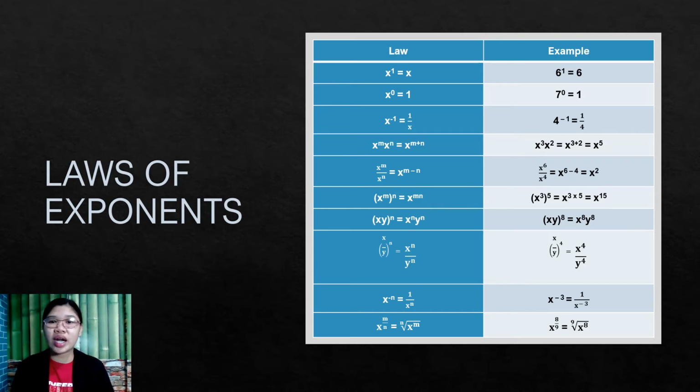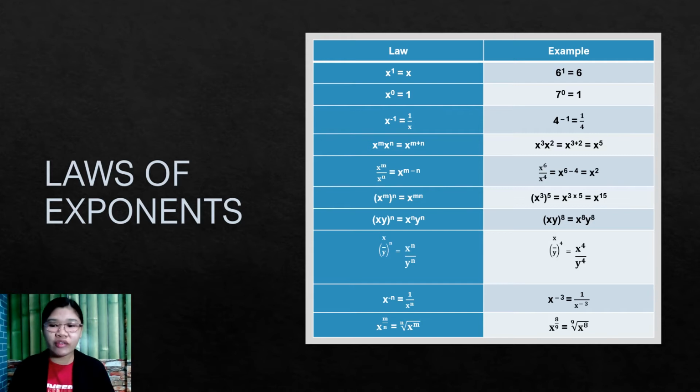Now, if a number or a variable is raised to a negative exponent, as an example, x raised to the negative 3, the exponent will become positive provided that it is in the denominator, since multiplication is the inverse of division.